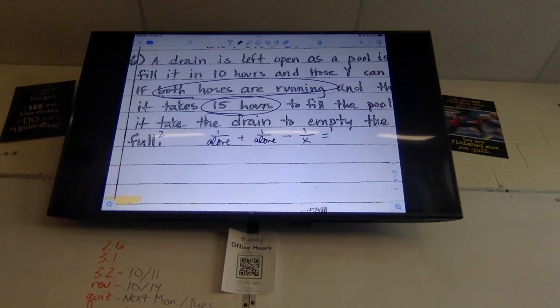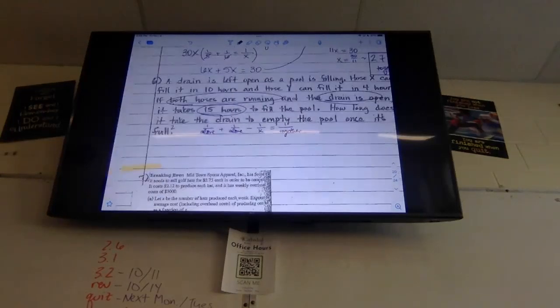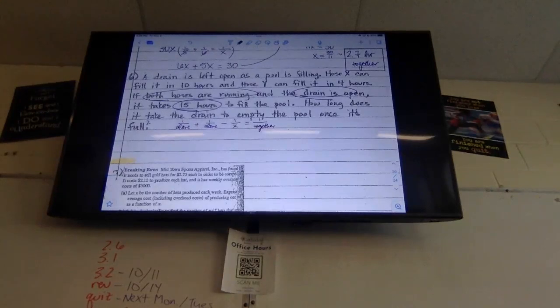If all three of those things happen together, it's going to be 1 over together. You could skip the step I just did. I just wanted to explain what I'm thinking. Now I'm going to put those numbers in. The first hose is hose X. How long does it take hose X? Hose Y is 4, but I can do hose Y first. I don't care.